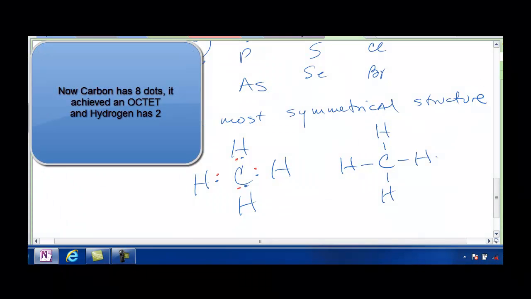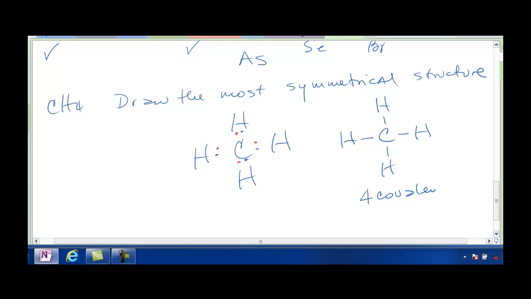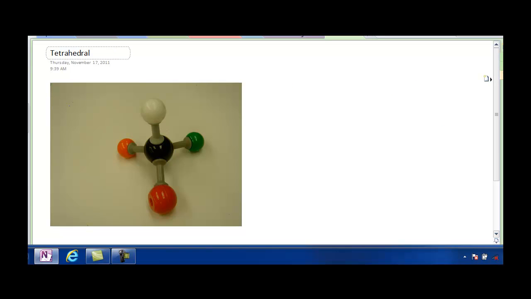So this is the Lewis dot structure for methane. It has 4 covalent bonds. Okay? Are we okay? So 1 electron pair equals a bond.